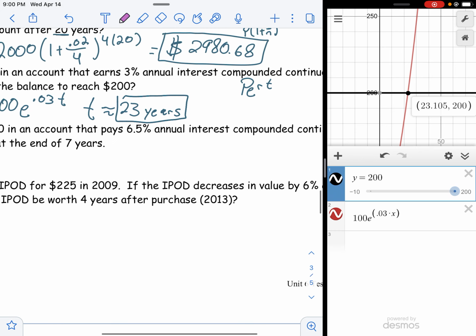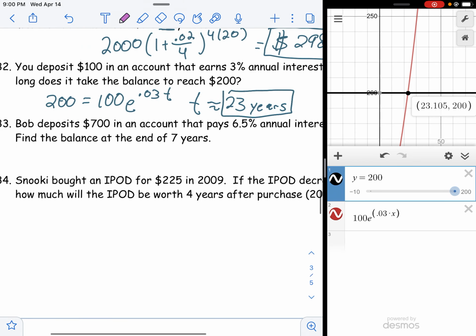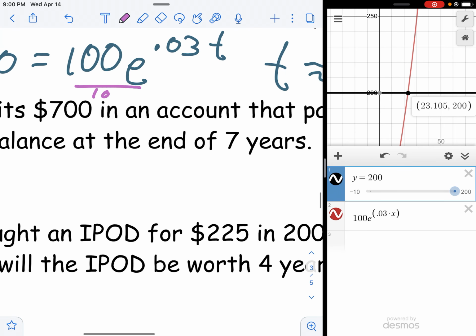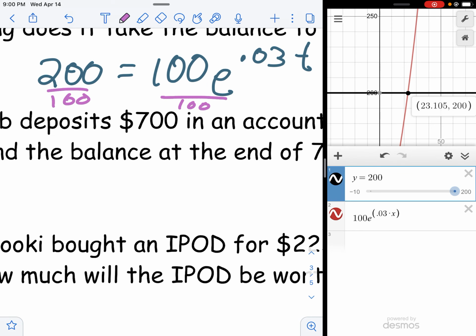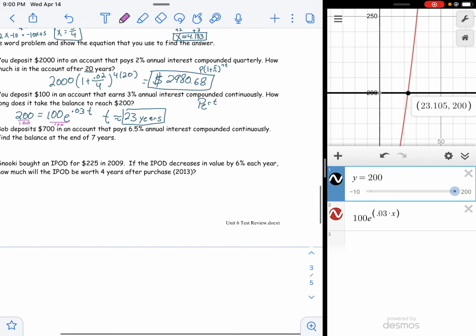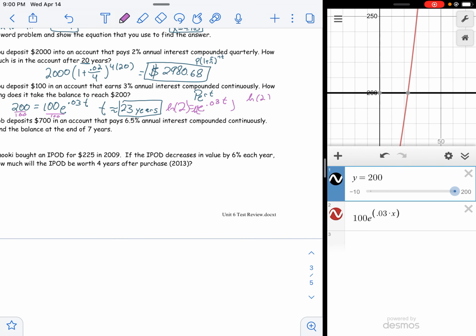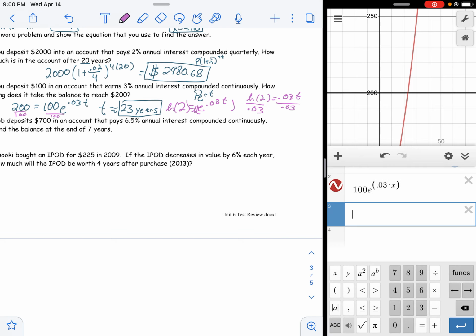By all means, you can also solve this one by hand, right? In order to solve this by hand, we need to isolate the exponent. So we're going to divide both sides by 100. That's going to give us 2 is equal to e to the 0.03t, ln both sides, to get the ln of 2 is equal to 0.03t, divide by 0.03.